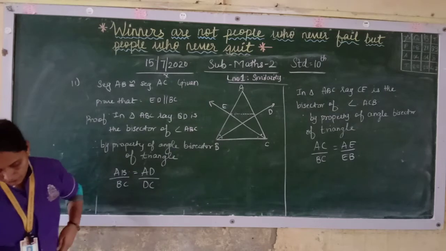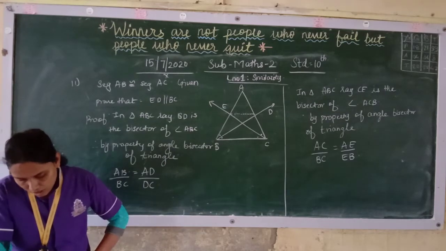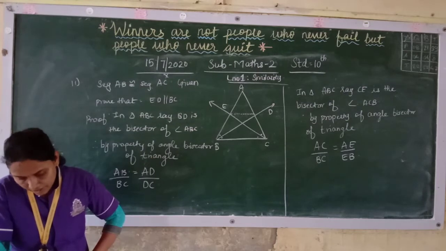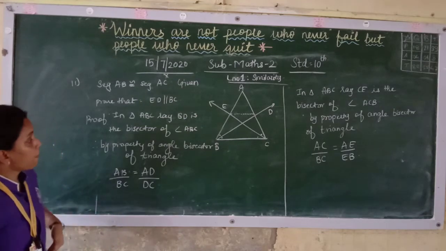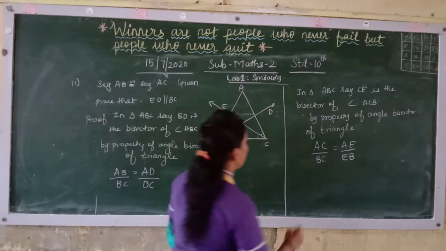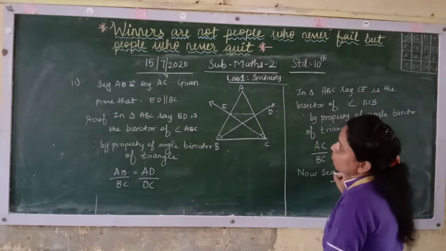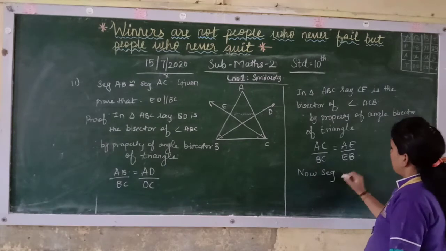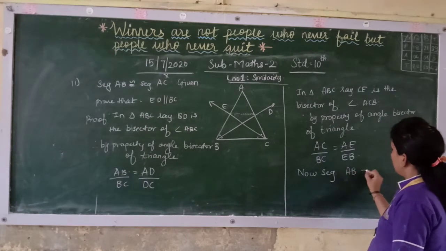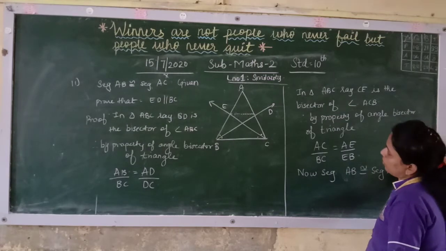Now if you see over here, segment AB is congruent to segment AC. That is given. Segment AB is congruent to segment AC.